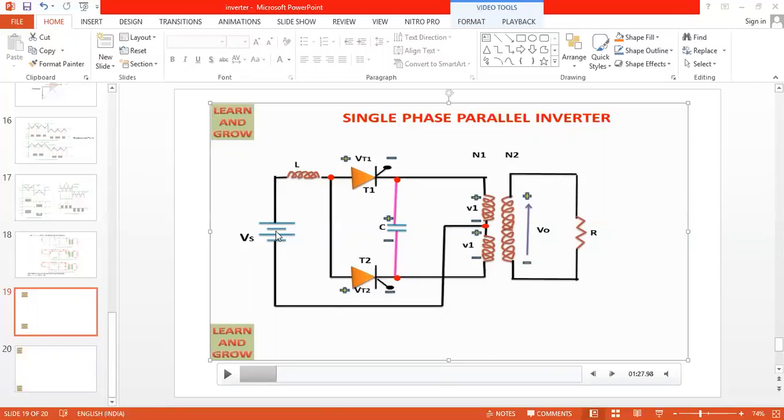But the DC supply with the combination of power electronic switches such as SCRs, when they are turned on and off, one is on, another one is off, in that sequential manner the pure DC can be converted into pulsated DC, and that pulsated DC or switchable DC is applied to the transformer.